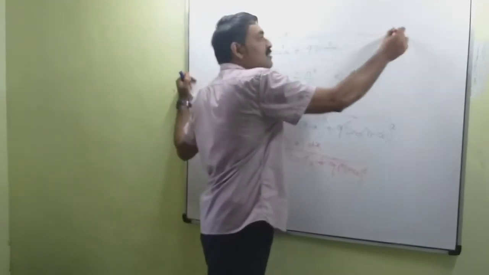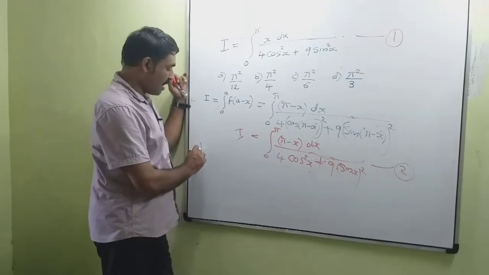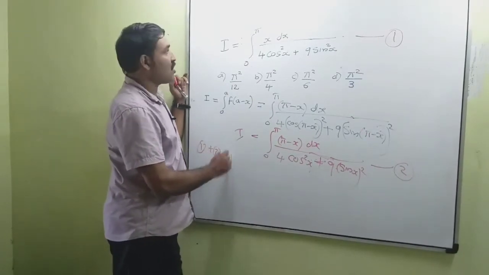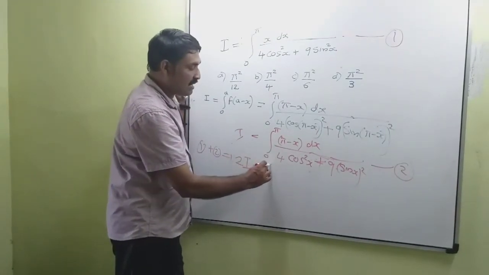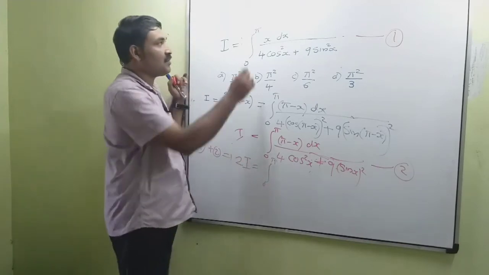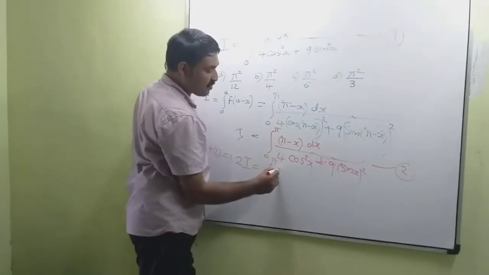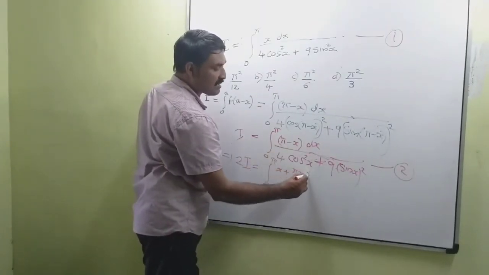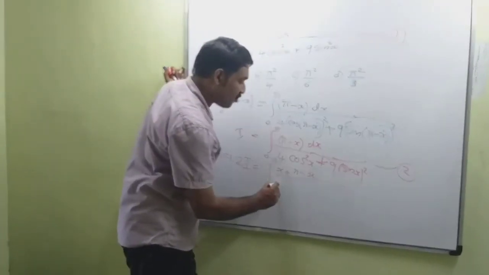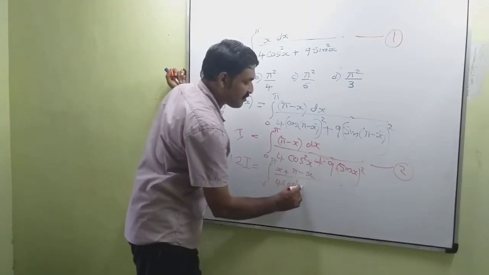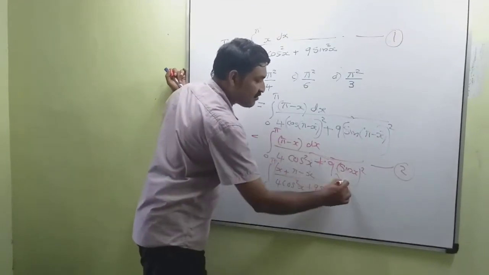Now let's call this equation number 1 and this equation number 2. So adding 1 and 2, what is 1 plus 2? I plus I, the LHS becomes 2 times I, that is equal to 2I. Integral from 0 to pi, the numerator becomes x plus pi minus x, divided by the denominator, which is the same for both expressions, that is 4 cos square x plus 9 sin square x, with respect to dx.